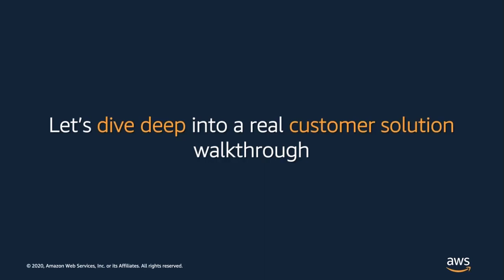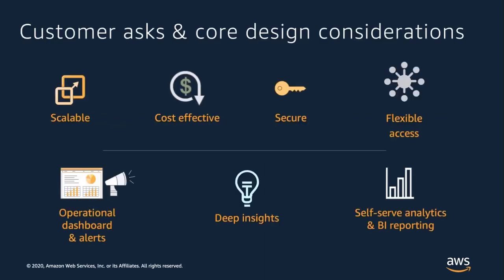Let's dive deep into a real customer solution walkthrough. If we sum up everything our customers ask for in the industrial space, the solution should be scalable and cost effective by using fully managed, auto-scalable, serverless, transient, pay-per-use AWS services wherever possible.